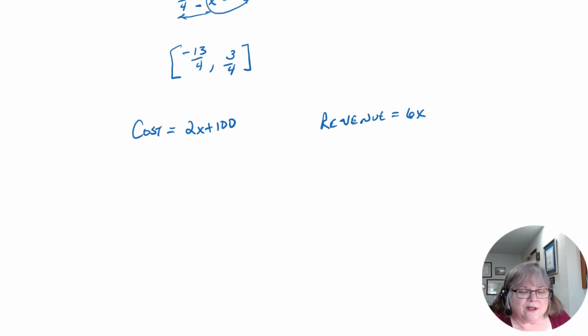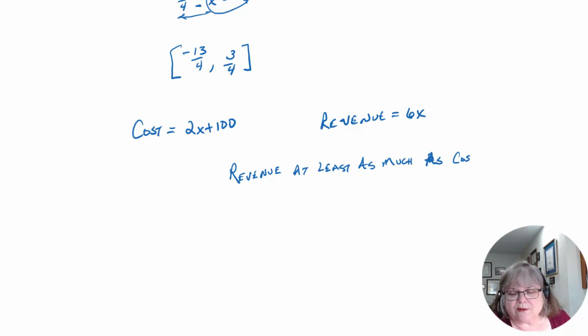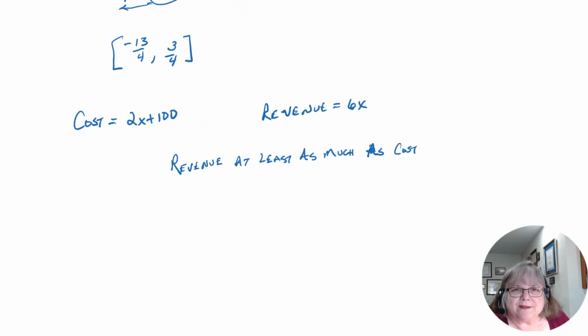So what if they're wanting to know when is the revenue going to be at least as much as the cost? So what they're looking for is, in a sense, how many do I have to sell in order to break even?